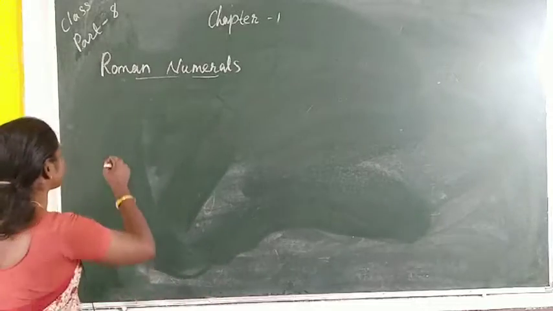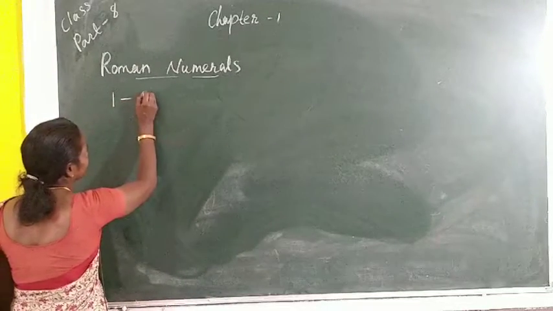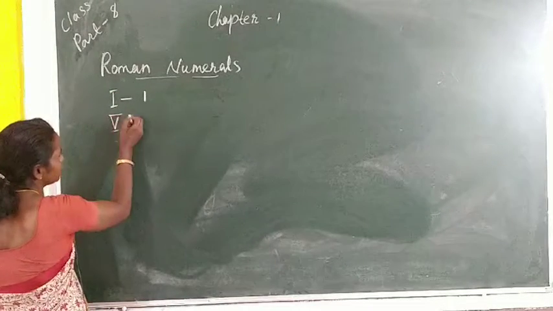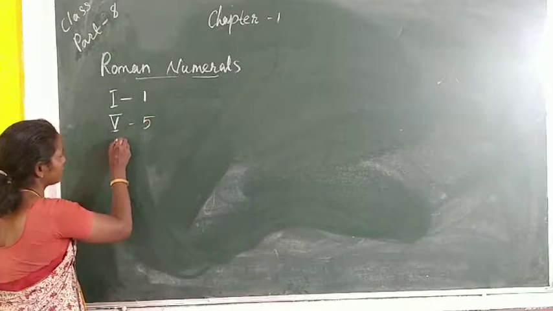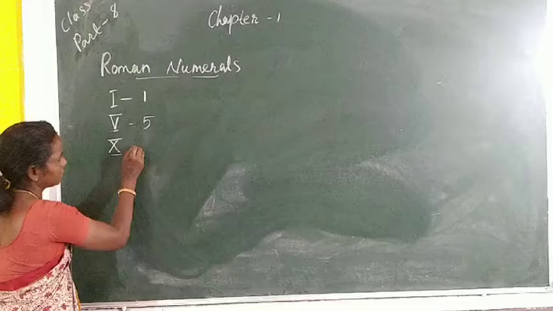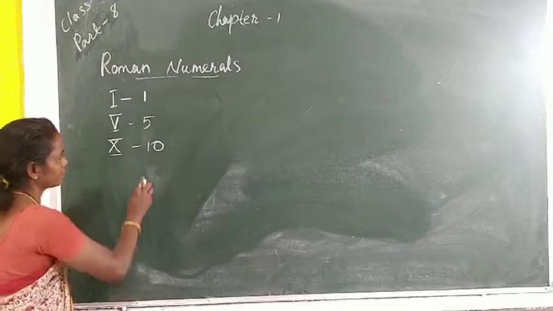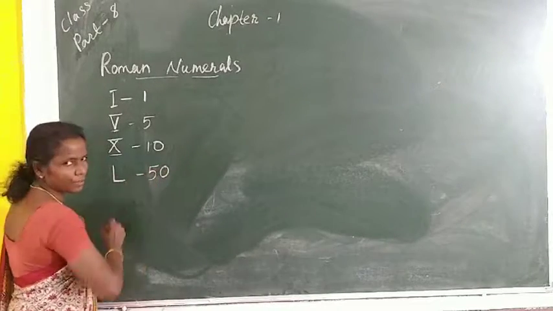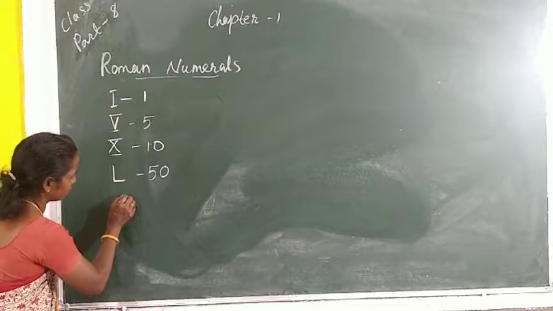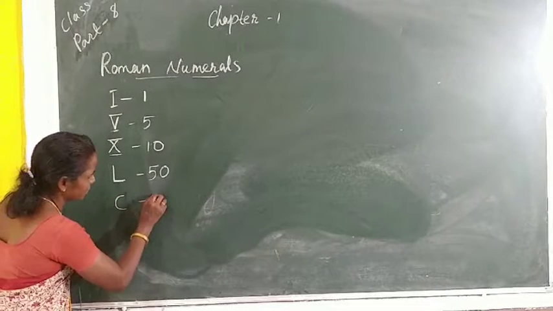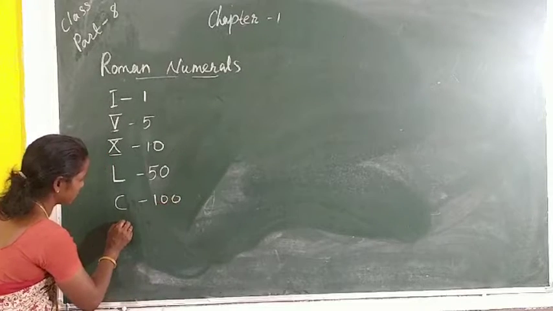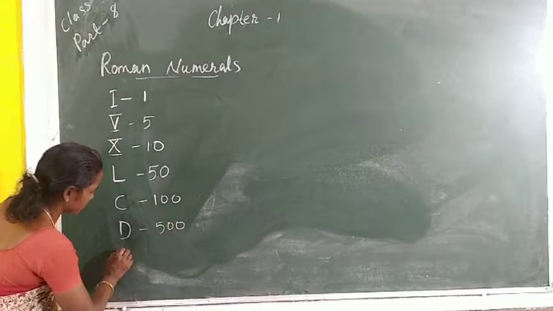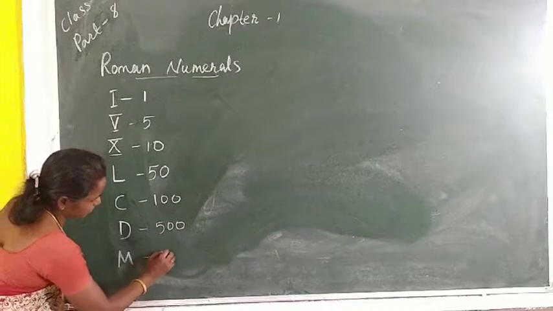They are I for 1, V for 5, X for 10, L for 50, C for 100, D for 500 and M for 1000.